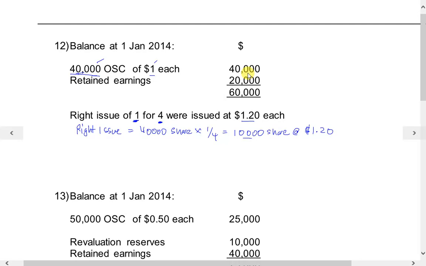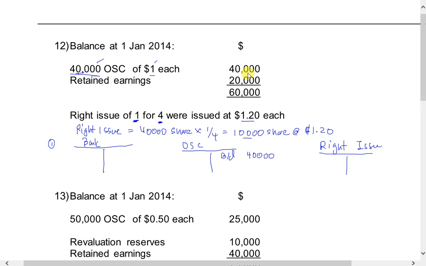Rights issue. Number 1, debit bank. Ordinary share capital, currently the balance is 40,000. And rights issue. So receive money, 10,000 times 1.20.